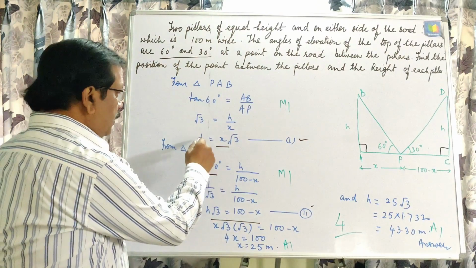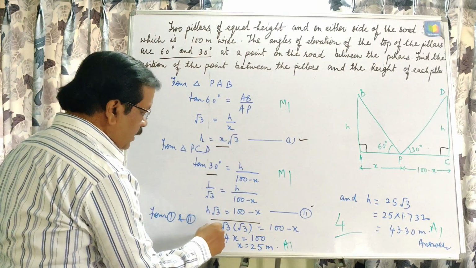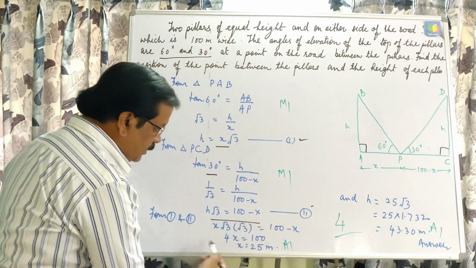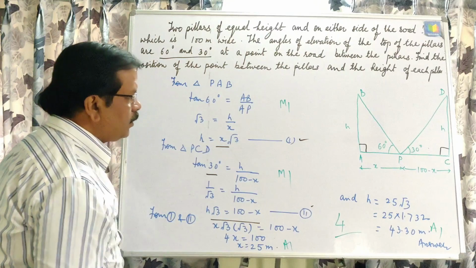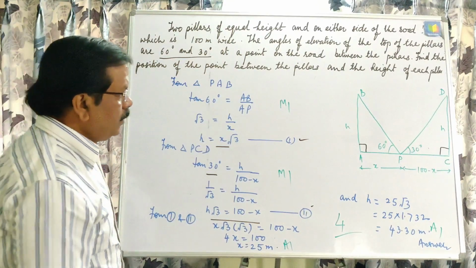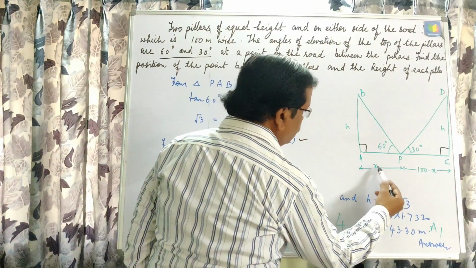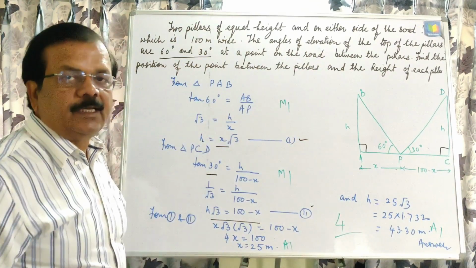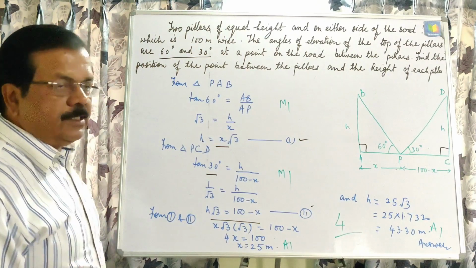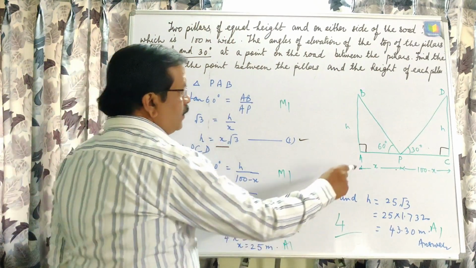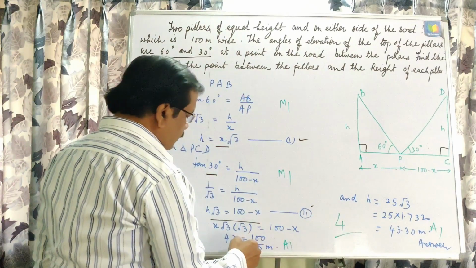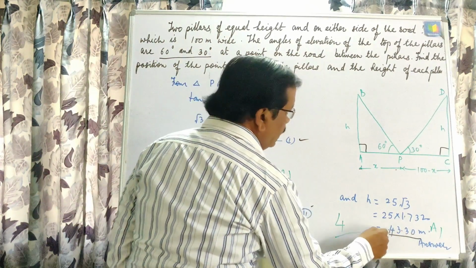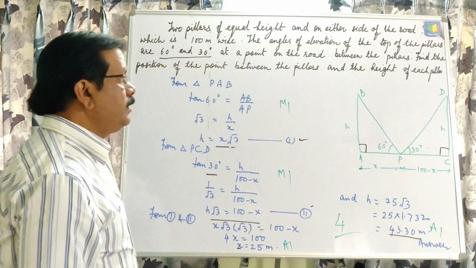So substituting the value of h in the second equation, x root 3 is equal to 100 minus x. Transposing, x is equal to 25 meter. Okay, now you can see this is 25 meter and this will be 75 meter, and that is why this is the change in the measurement of the angles. Now putting this value of x in this equation, we are getting the height, that is 43.30 meter.